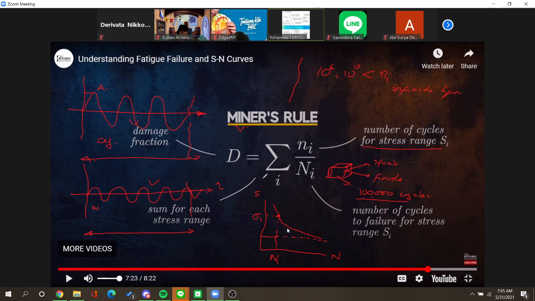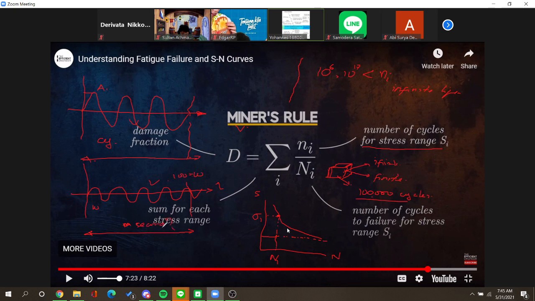So, for example, if it has 100 omega, then we can estimate for this number of cycles how long we can operate this product, how many seconds.